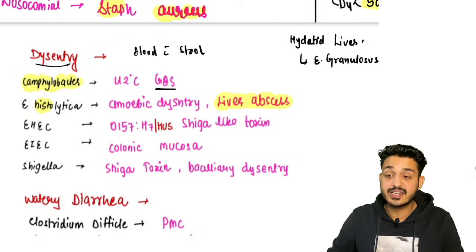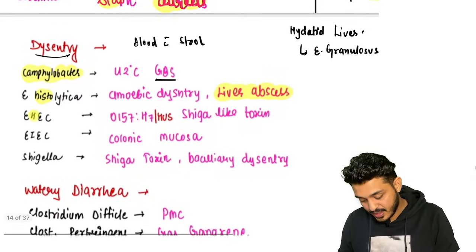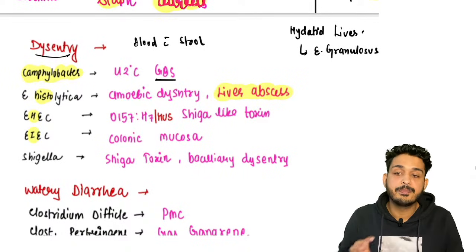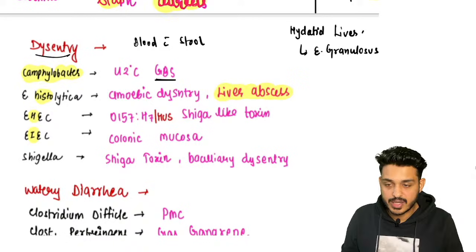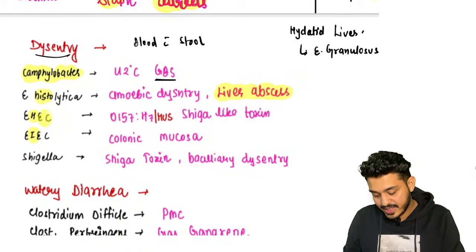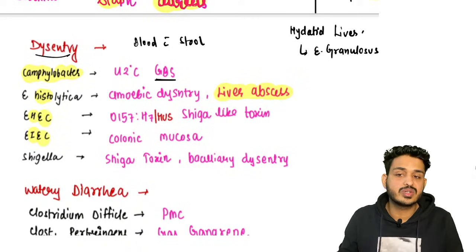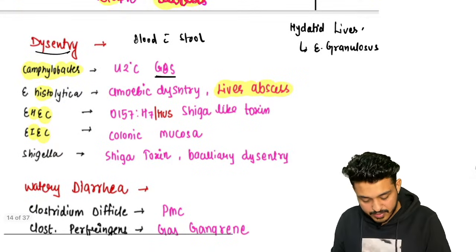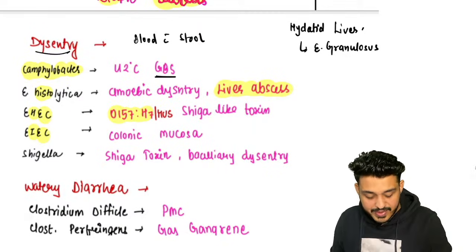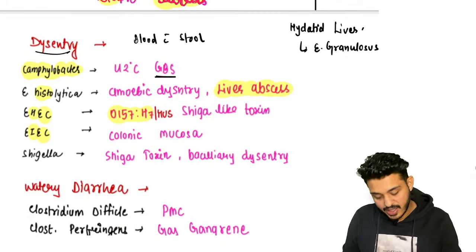All right, and the next thing is going to be EHEC. Remember, these are the strains of enterohemorrhagic E. coli and enteroinvasive E. coli. Both of them are E. coli. They can cause diarrhea along with blood, so that is known as dysentery. O157:H7, same association will be there, and this is going to invade.